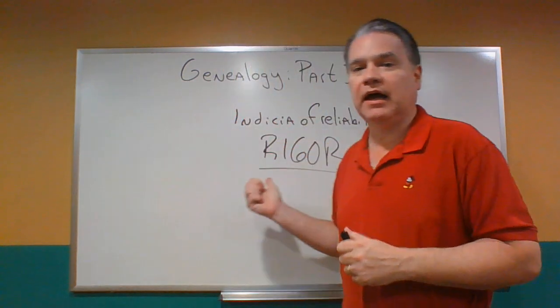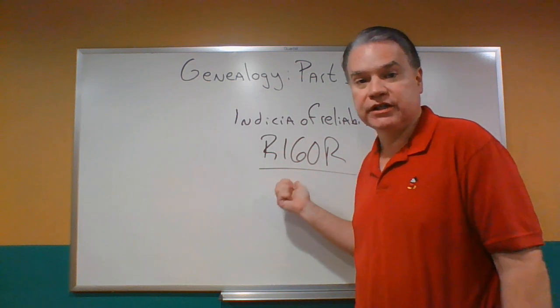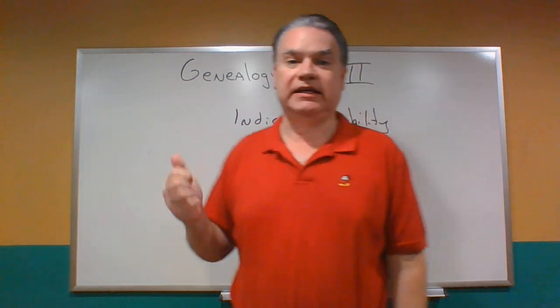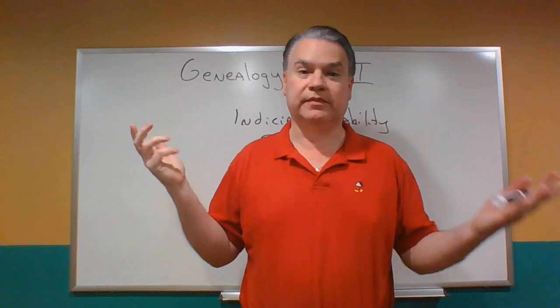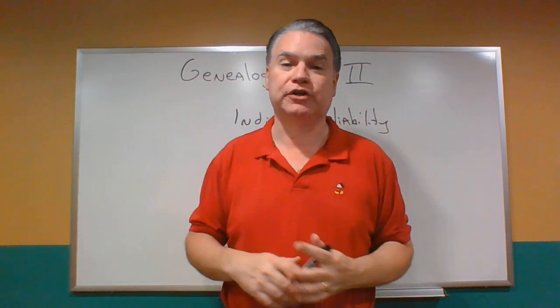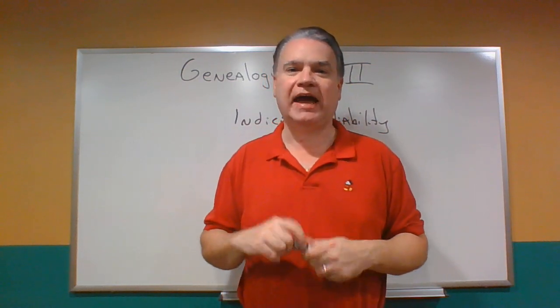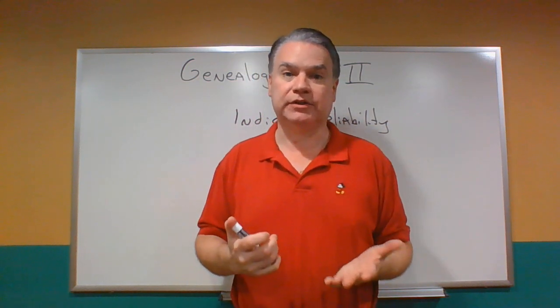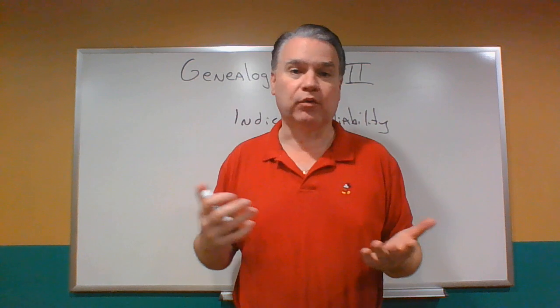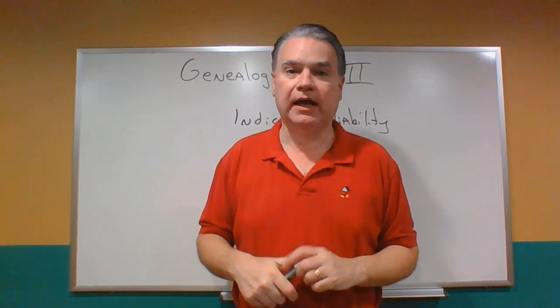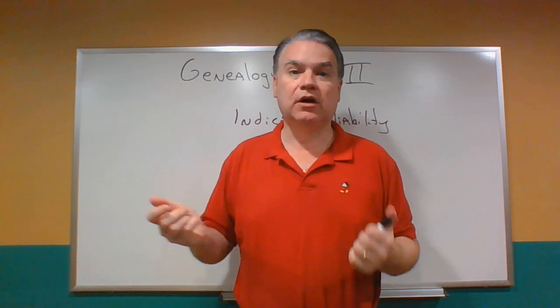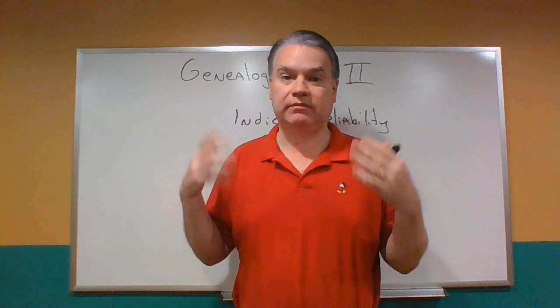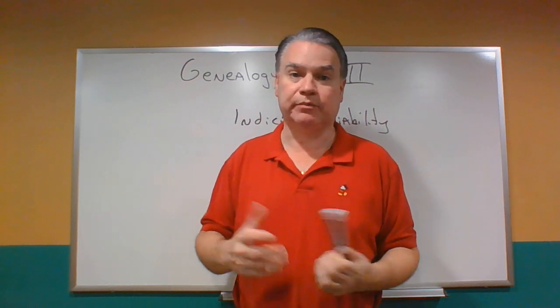So you have to be rigorous in your research. You can't simply just assume that whatever record you found is the person you're looking for. You have to look for clues that prove that this is the person. You don't want the wrong person in your tree. So the more information you can match, the greater the likelihood this is the person you're looking for.